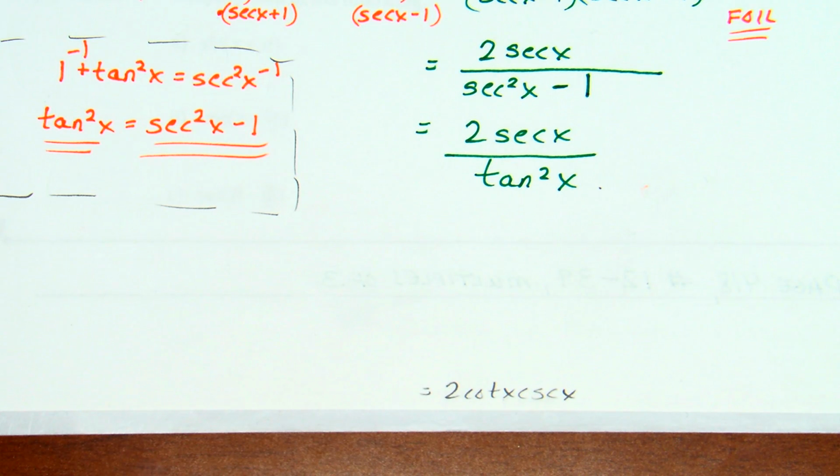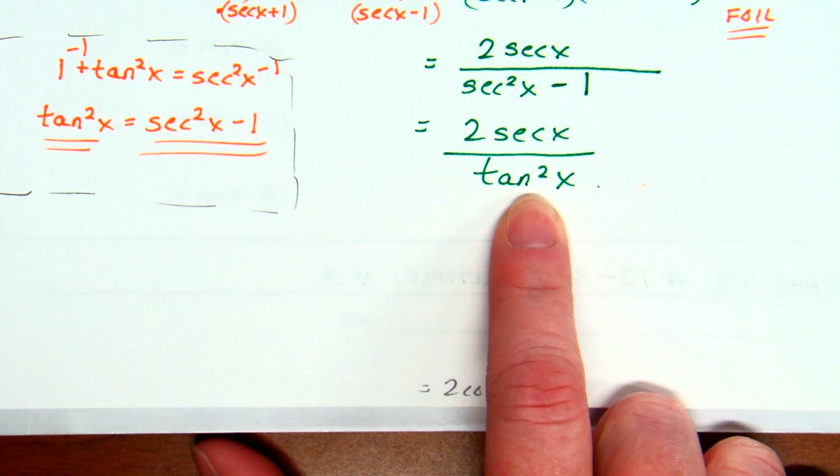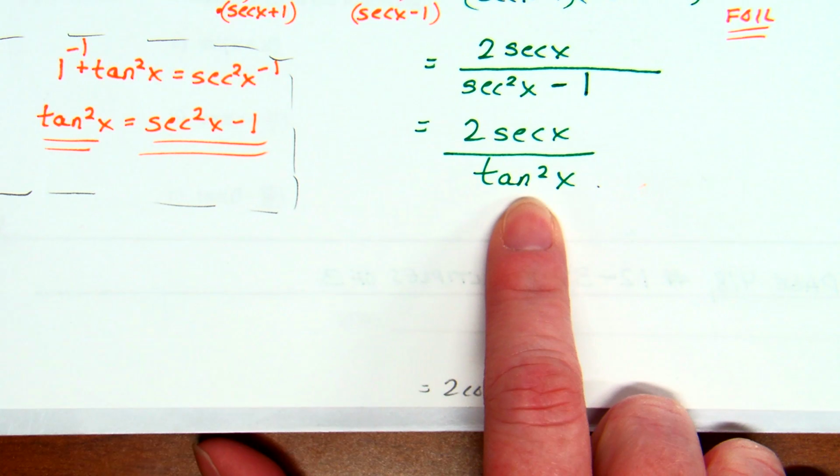And so tangent in the denominator is equal to a cotangent not in the denominator. As I look at my notes, my next step is 2 secant x, and to take the tangent out of the denominator, I wrote it as cotangent. And then I changed everything to sine and cosine.